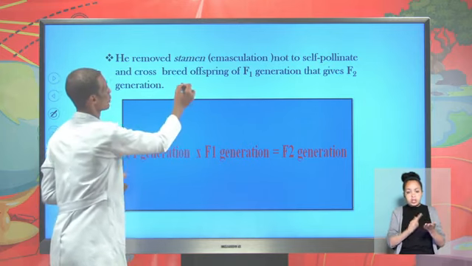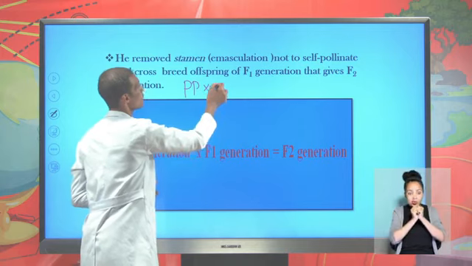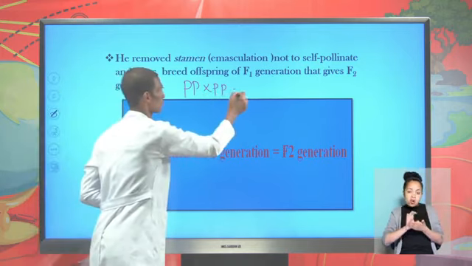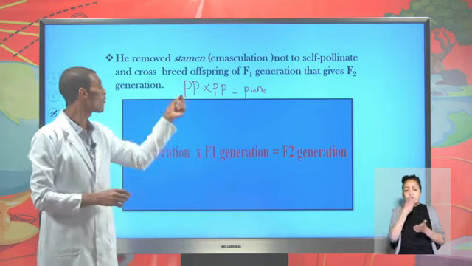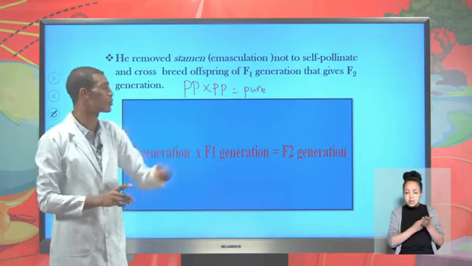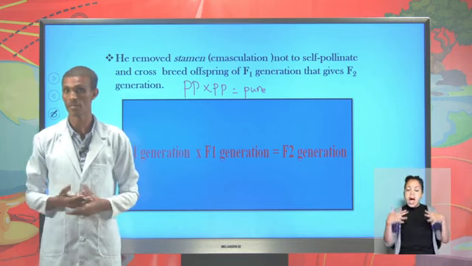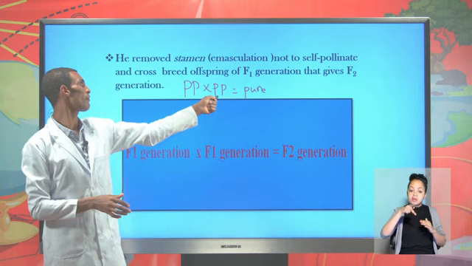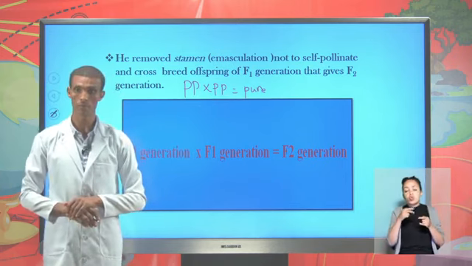Here, he crossed capital P with small p, expecting a pure character, or pure traits, as a result of this cross, but the character is not pure. Instead, it is hybrid or heterozygous: dominant purple flower color, recessive homozygous white, giving a heterozygous one.